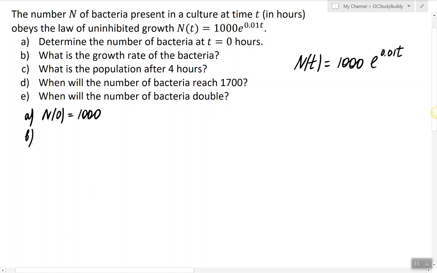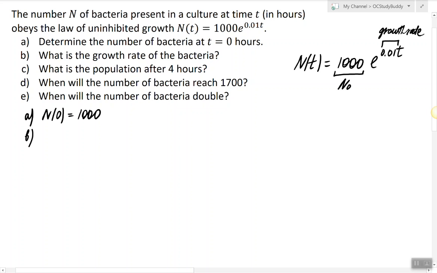So to answer the question in part B, we again have to look at the definition of the function and interpret what's given, as the coefficient in front of the exponential expression is interpreted as the initial value. The coefficient of t in the exponent is interpreted as the growth rate.